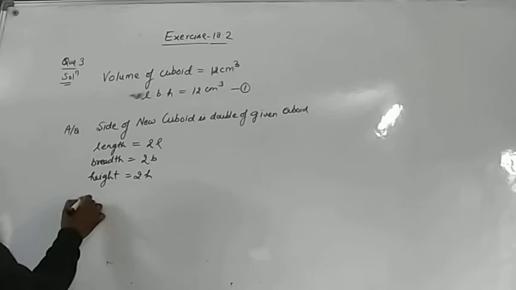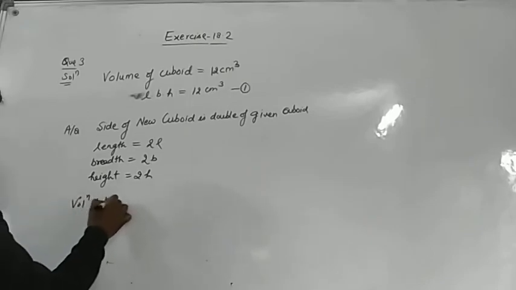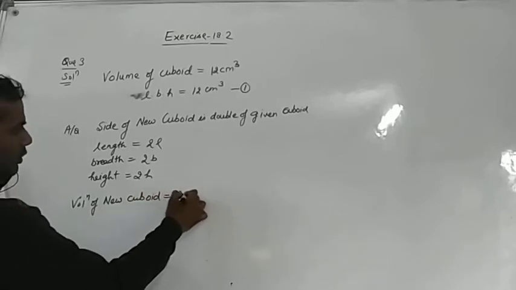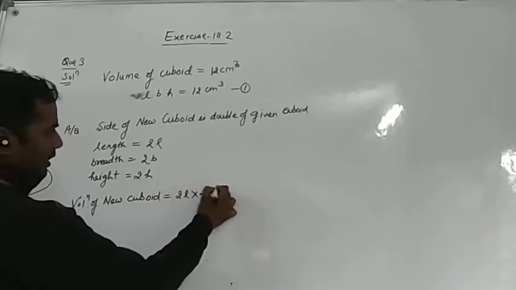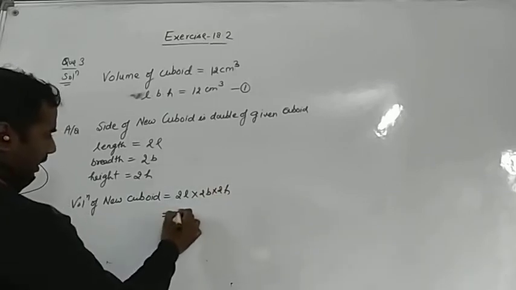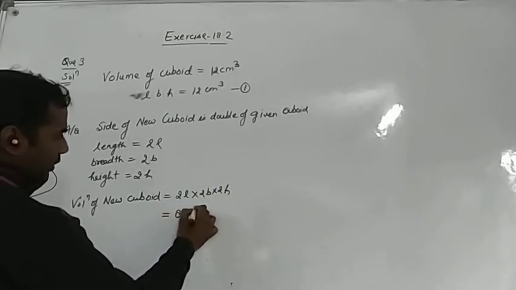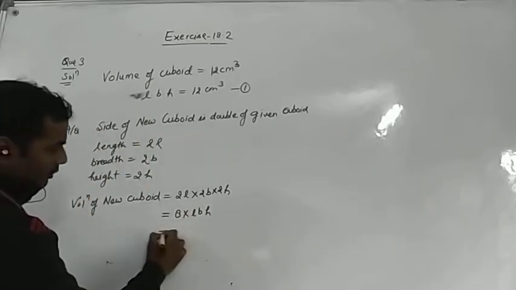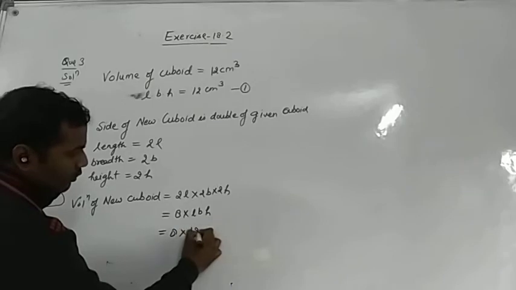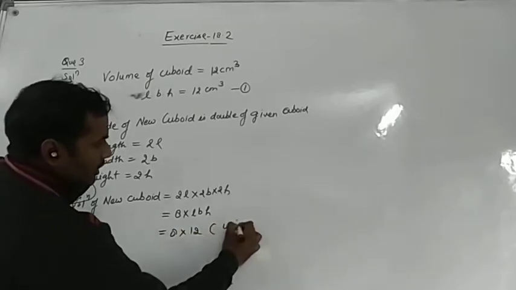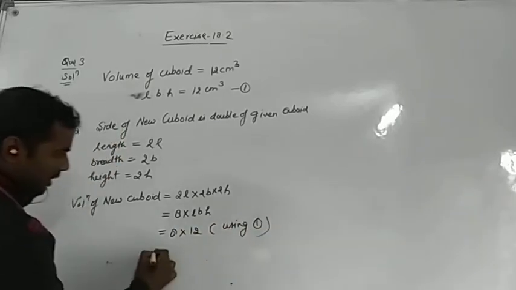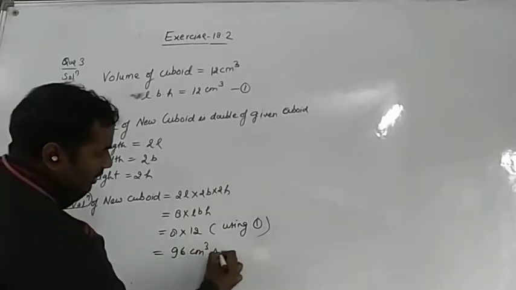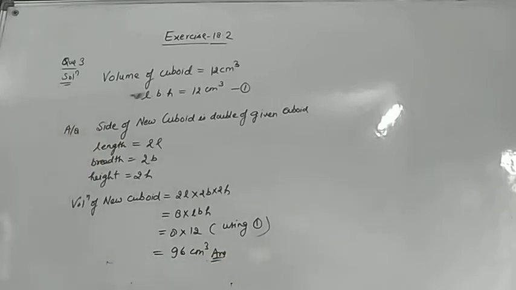Now volume of new cuboid is equal to 2l into 2b into 2h, that implies 8 into l into b into h. Now 8 into 12, using equation first, is 96 centimeter cube, which is the required answer.